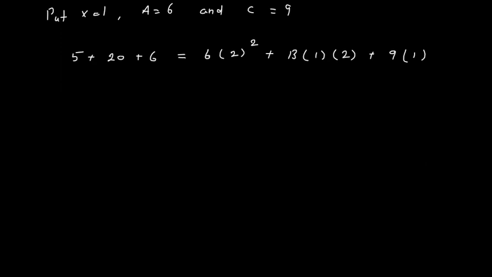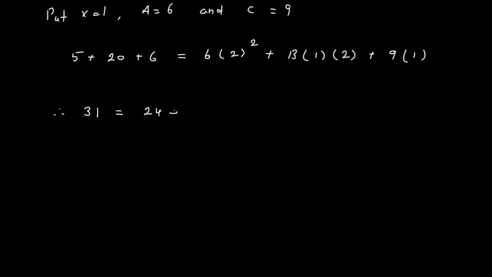So therefore here we have 5 plus 20, 25. 25 plus 6 is 31. So here I have 31 is equal to, now 2 squared is 4, 6 times 4 is 24.